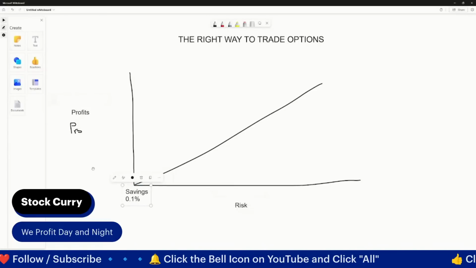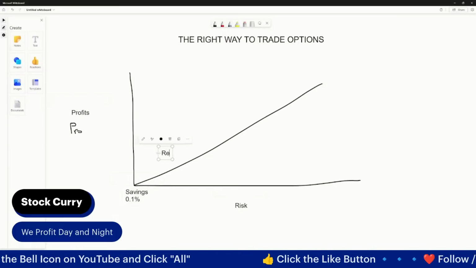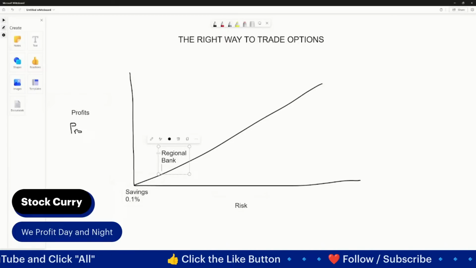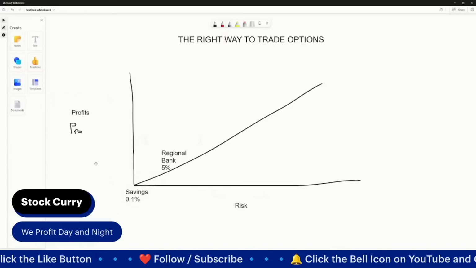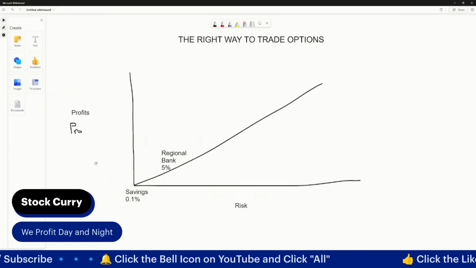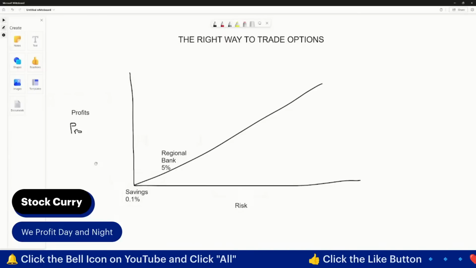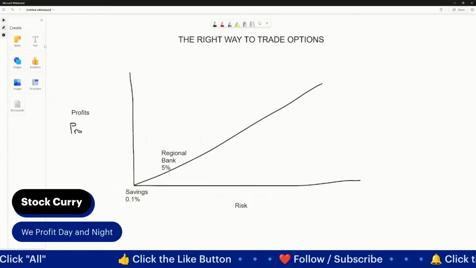Now, you could possibly take on more return. Let's say you put your money into an online bank or regional bank, they might give you as much as 5% interest. But now you're taking on a little bit more risk and the possibility that the bank might collapse and you might not get access to your money.